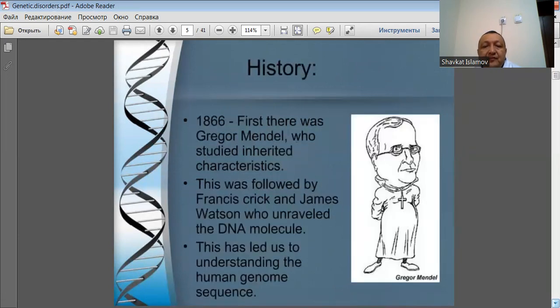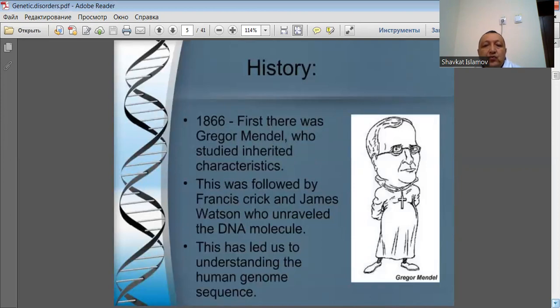History: Gregor Mendel studied inherited heredity. This was followed by Francis Crick and James Watson, who mapped the DNA molecule.